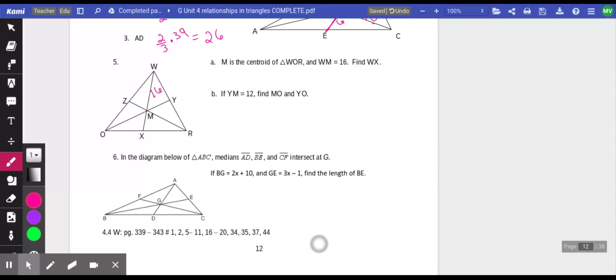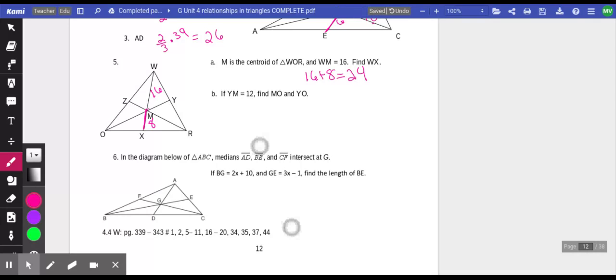Well, there's two ways I can do that. I know that WM is 2/3 of the whole thing, or I can remember that the little part on the bottom, MX, is always half the big part. So it's half the big part, so it's 8. So that means the whole thing is 16 plus 8, which is 24.